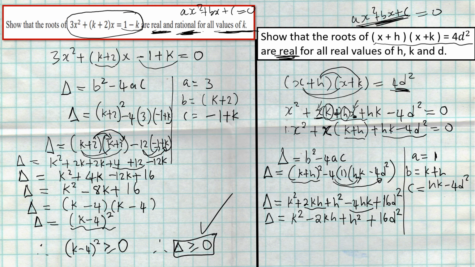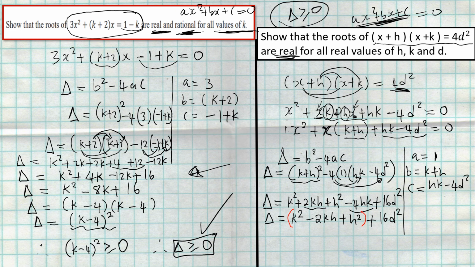Can you see? Now you have to show that the delta is greater than or equal to 0. So the rest of the things to show this is just simplifying and factorizing. Same as what we did this side, right? So what you can do now, you can see that this one here, can you see this one? Or maybe let me just use some red to show you this. You can factorize it, right?